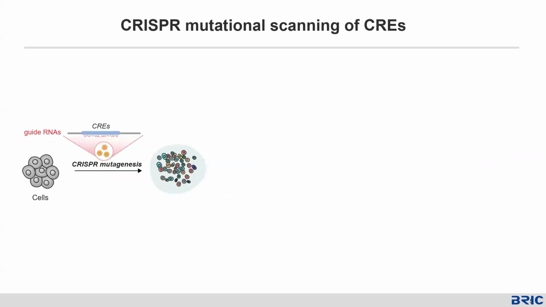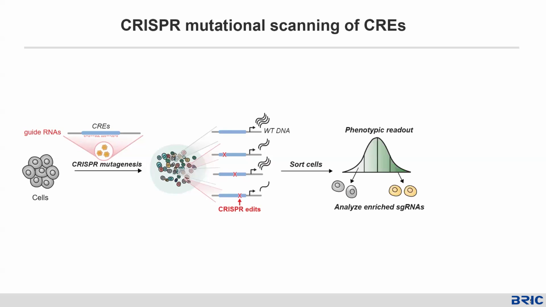So using this CRISPR-Cas9 or base editor, we can perform CRISPR mutational scanning on targeted cis-regulatory elements by using a guide RNA library tiling across the target region. After CRISPR mutagenesis, each edited cell contains different mutations within the target CRE, and some of them may impact gene expression and result in phenotypic changes.